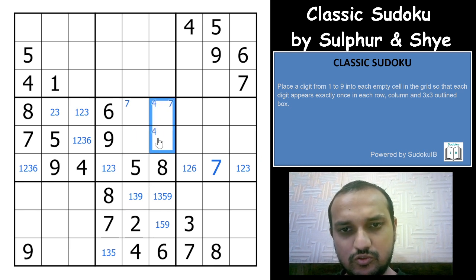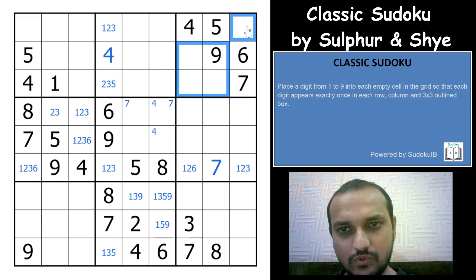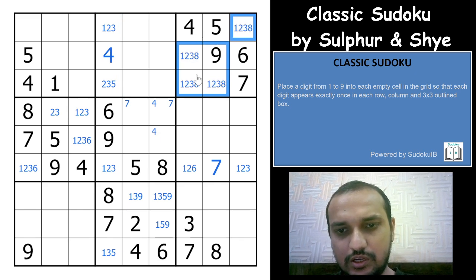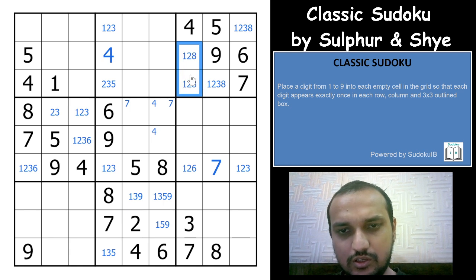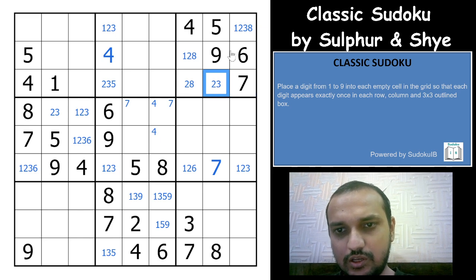Four is in one of these two cells. Oh, you got a 4 here. 1, 2, 3, 2, 3 and a 5. 1, 2, 3 and 8 in any order. You don't have a 3 in any of these two cells, 1 in any of these two cells. This is not an 8.